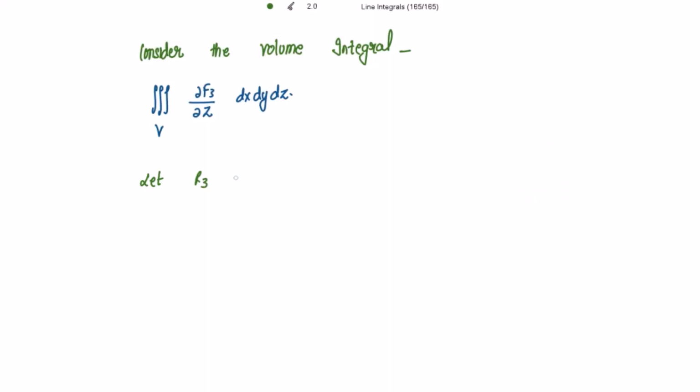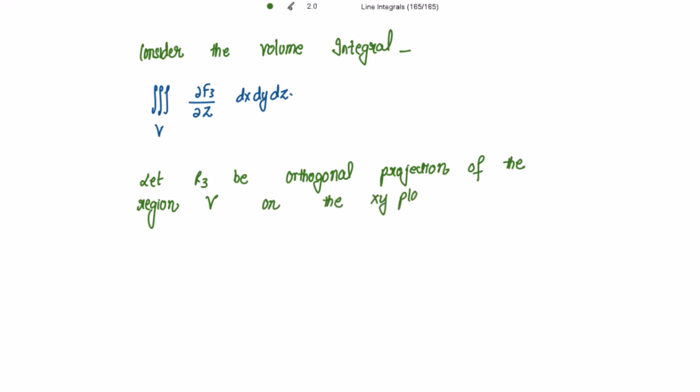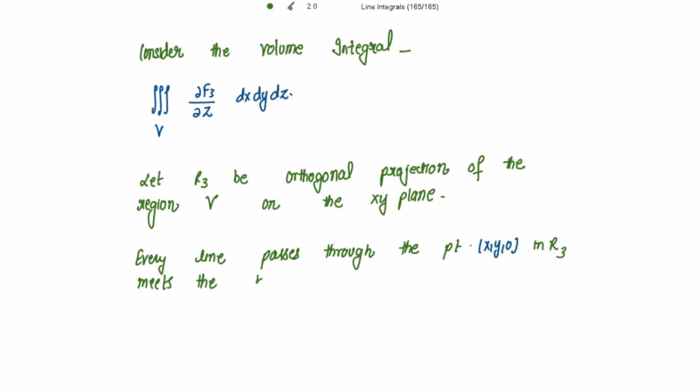Let R3 be the orthogonal projection of the region V on the xy plane, and every line passing through the point (x, y, 0) in R3 meets the boundary of S in 2 points.